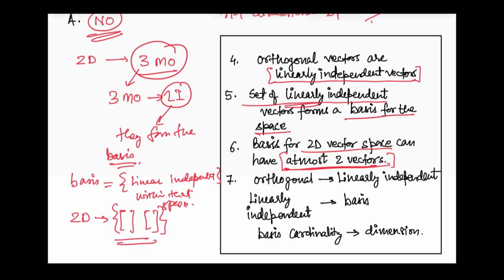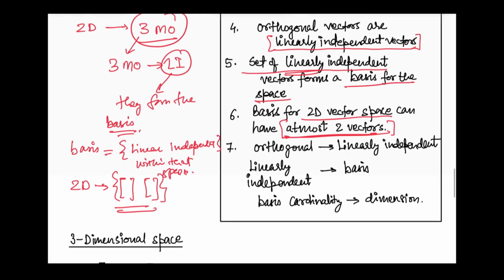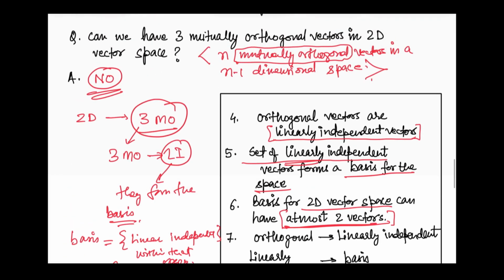We can have any number of bases for a particular vector space. So if we have more than two mutually orthogonal vectors, this means the basis has three vectors. Three vectors cannot form a basis for a two-dimensional space. They will form a basis for a three-dimensional space. Therefore, we should always keep in mind that a 2D vector space cannot have three mutually orthogonal vectors.